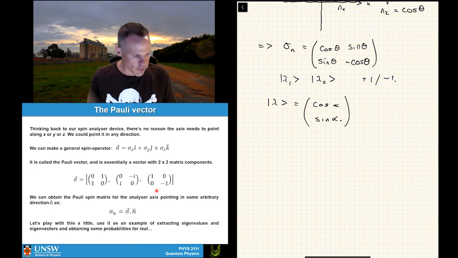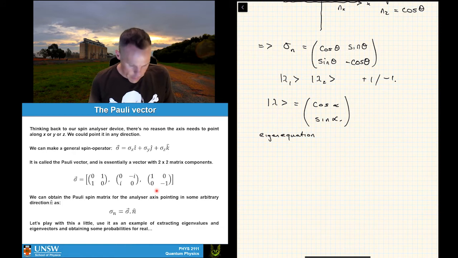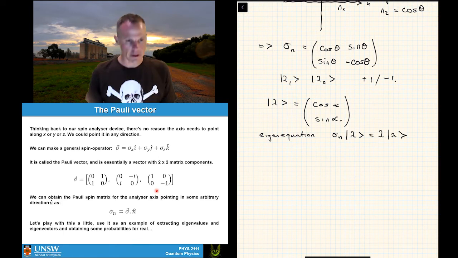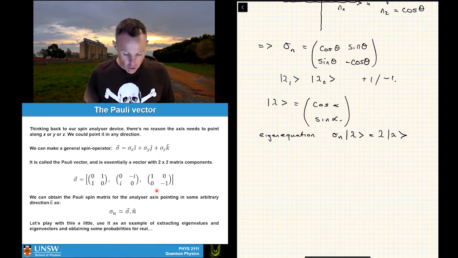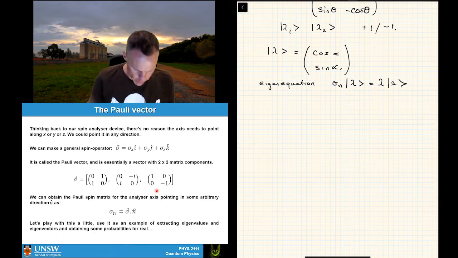And what we're going to specify in here is that it obeys an eigenequation that looks like this. Sigma n acting on our eigenvector lambda will be equal to lambda times lambda, okay? Standard eigenvector equation, and very commonplace to start approaching this, right? So what we're going to do now is write this in matrix form. So let's do that.